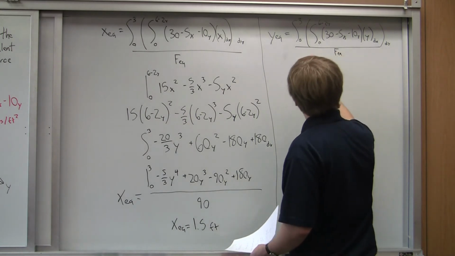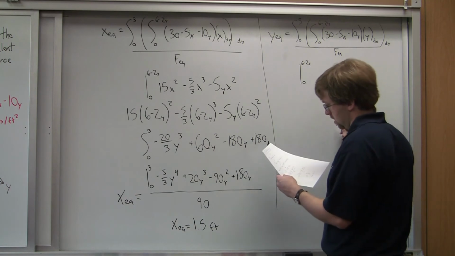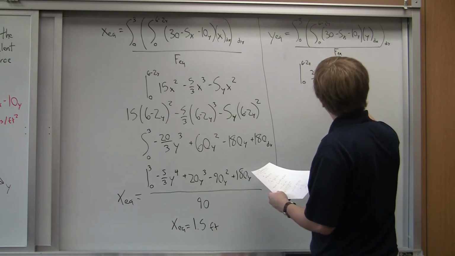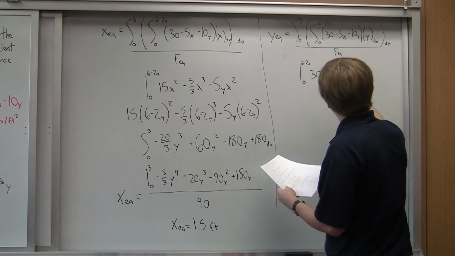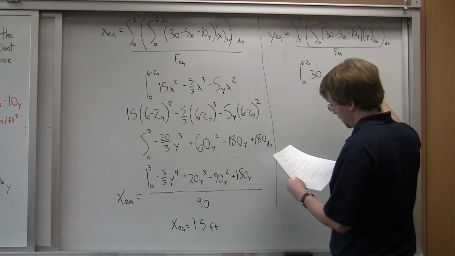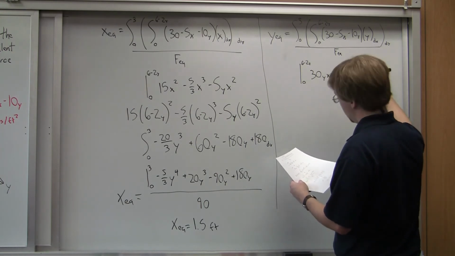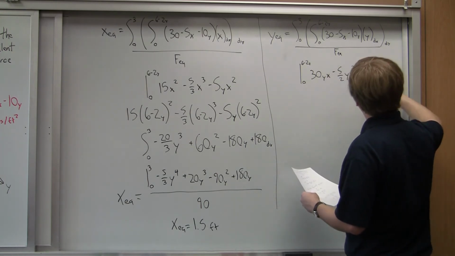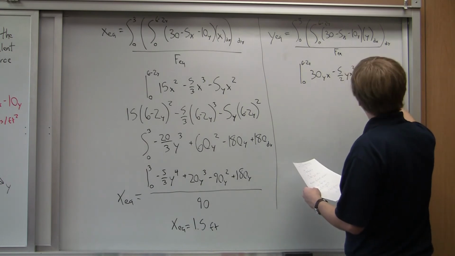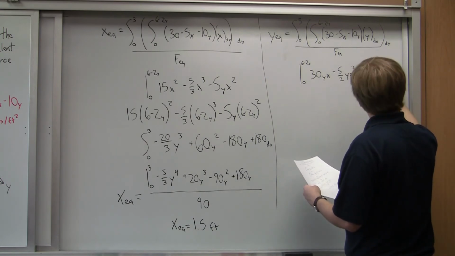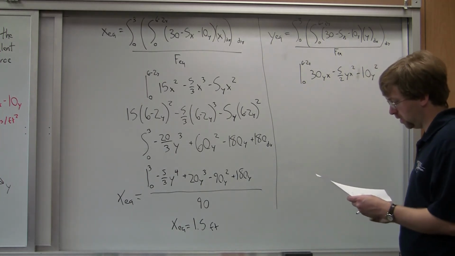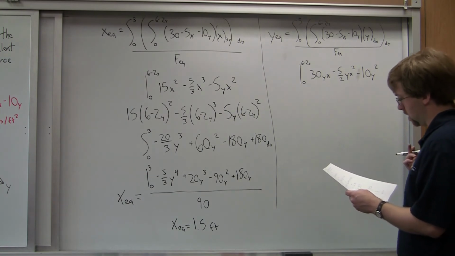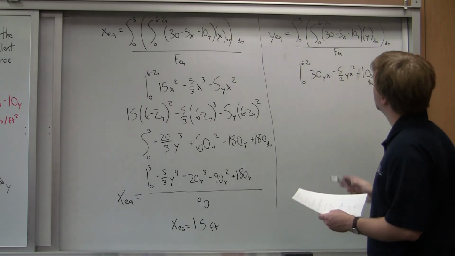The integral ends up being equal to 30yx minus 5 halves yx squared minus 10y squared. And so we still need to evaluate this whole thing. So we're evaluating from 0 to 6 minus 2y.